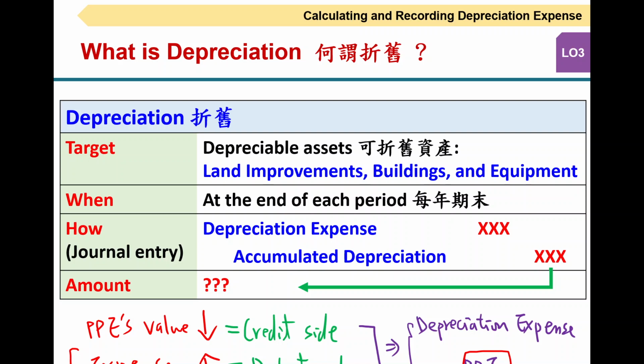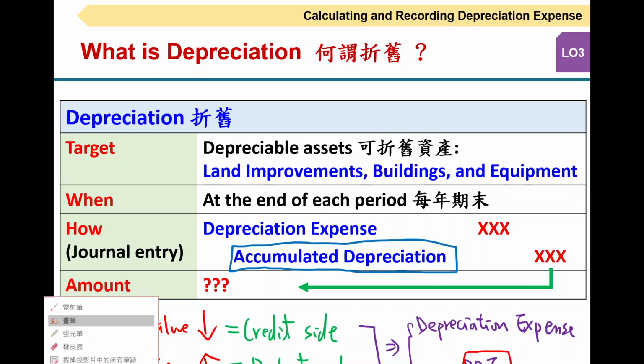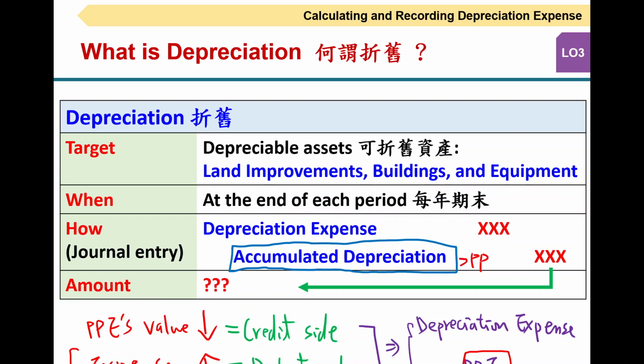So we use accumulated depreciation to describe your PPE's value decrease. Did you find out? Credit accumulated depreciation. We use this account to replace your PPE's value decrease.